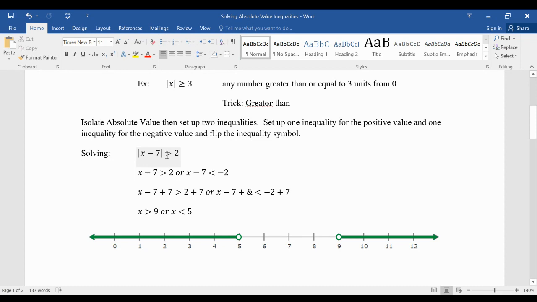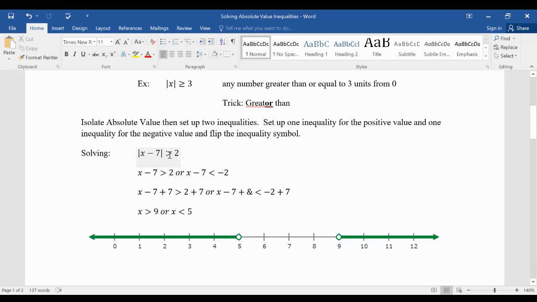If there were anything between here, like a +4, I'd have to subtract it to the other side before I got to work. But this is all by itself. So we're going to say there's a positive case, or what's going to happen on the positive side of the number line, and then a flip, a mirror image in the number line here. So what's going to happen on this side? All right, so we're going to set everything in the middle. X minus 7 is greater than 2, and we're going to solve that case.